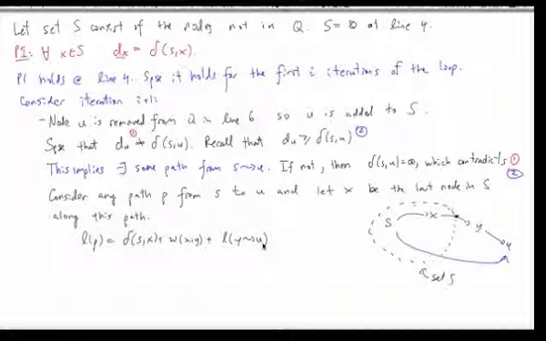And now I'm going to claim that this length right here is going to be greater than or equal to dy, because in particular, this right here is by the triangle inequality. And this is going to be greater than or equal to du. So these equations are essentially, this last line is the proof.